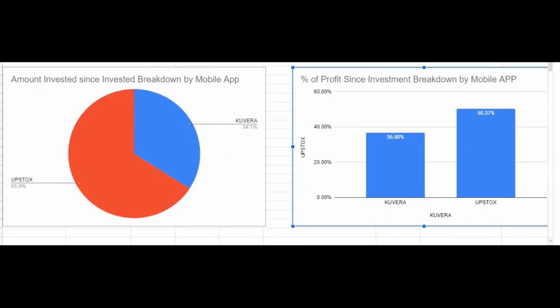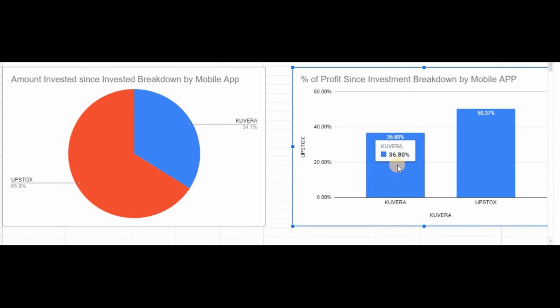Now if you observe here, one is a pie chart and the other is a bar graph. This pie chart explains in what way I invested my amount, and this bar graph explains how I got profit. But both belong to mobile apps only. So the highest profit I got is in Upstox, that is 50.37%. In the same way, I invested the highest amount in Upstox, that is 65.9%.